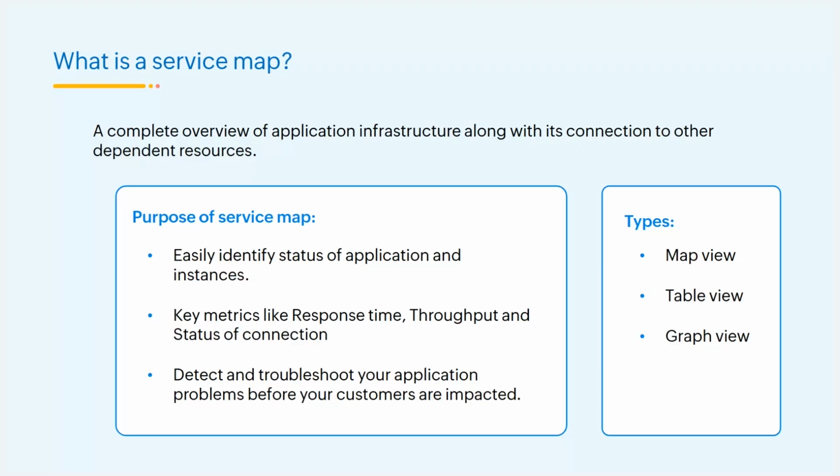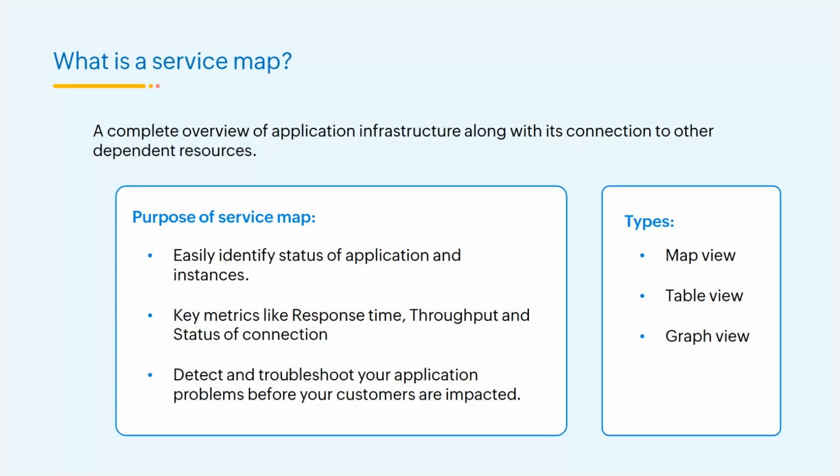The main purpose of the service map is to identify the status of the application and its related instances, to monitor key metrics like response time, throughput, and the status of the connection, and to troubleshoot any application problems before the customers are affected, and also to identify the number of failed requests as well.